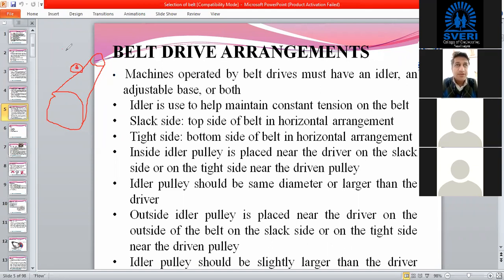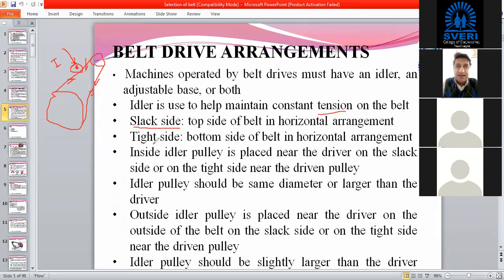One or two we can use, and pressure can be applied on the belt with the help of this idler pulley, so that we can maintain the tension if the belt is going to become loose because of a change in center distance. To adjust the tension in the belt, this idler pulley is used. It does not take part in transmission of torque or in functioning of the machinery; it is just used to maintain constant tension in the belt drive.